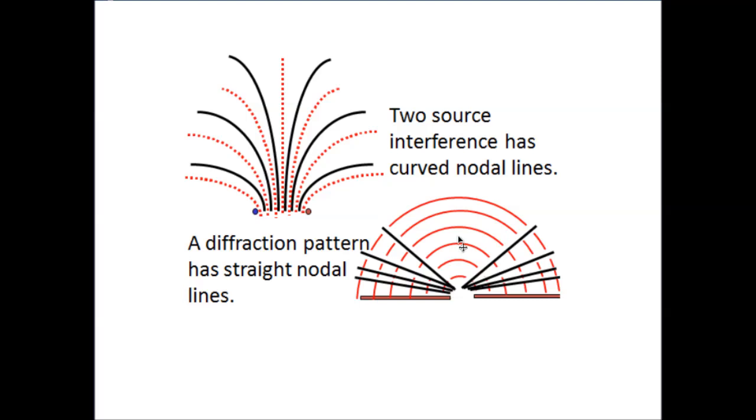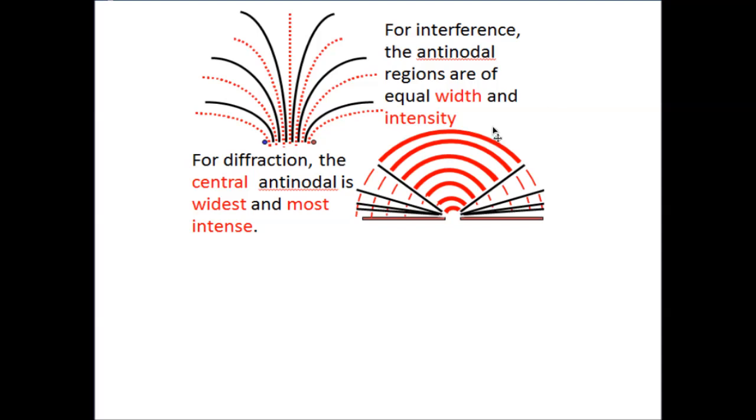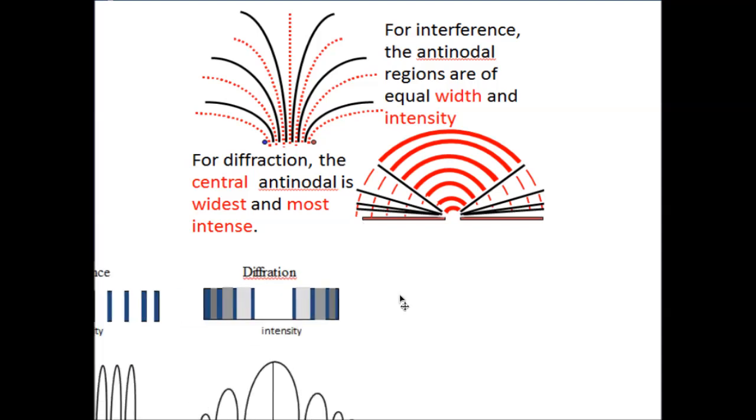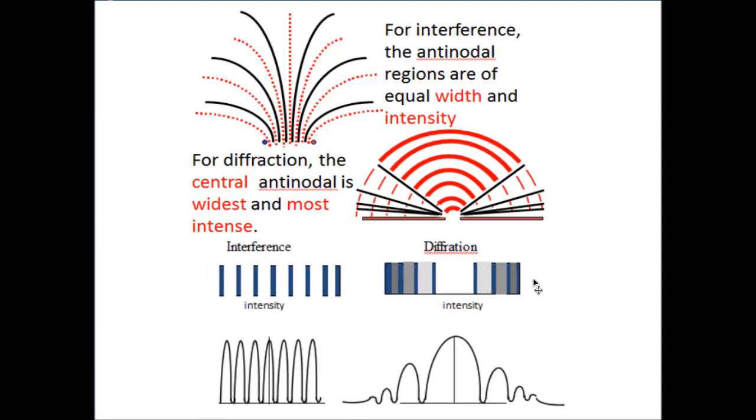But typically, again, physicists are working with light, and they cannot see these patterns from above, and so instead they work with what they can see when they shine it onto a screen. And there what you would see is that all of the antinodals here are the same intensity and the same width, and here you have the central antinodal being the most intense and the widest, with them getting weaker and weaker and narrower as you go out. When you shine it on a screen, it would look like this.